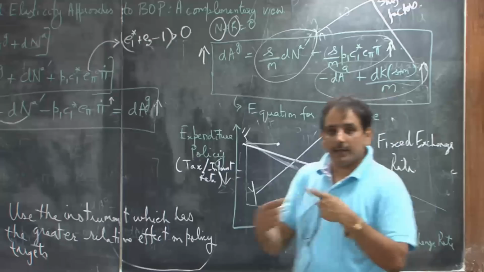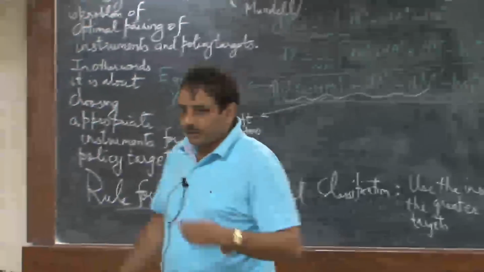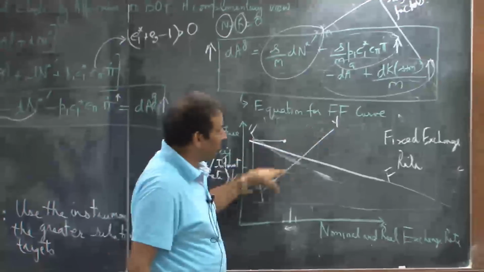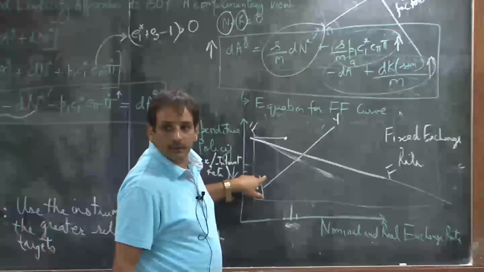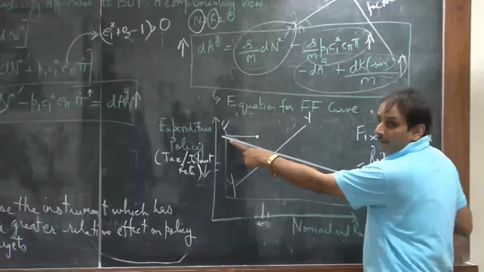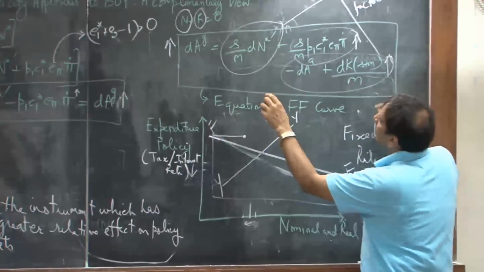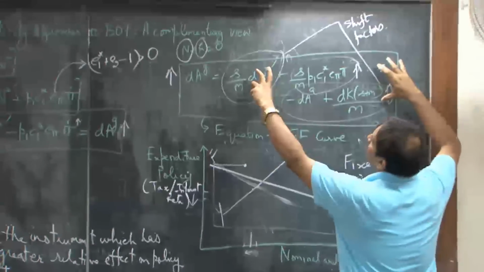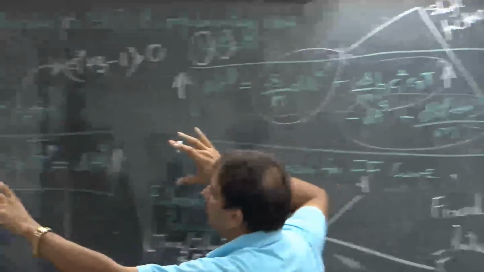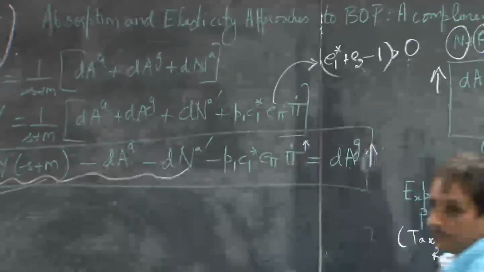So then the first thing that you need to understand is why is it that the YY curve is now steeper, and why is it that the FF curve is flatter? Can you figure it out by looking at this FF curve and looking at the YY curve?